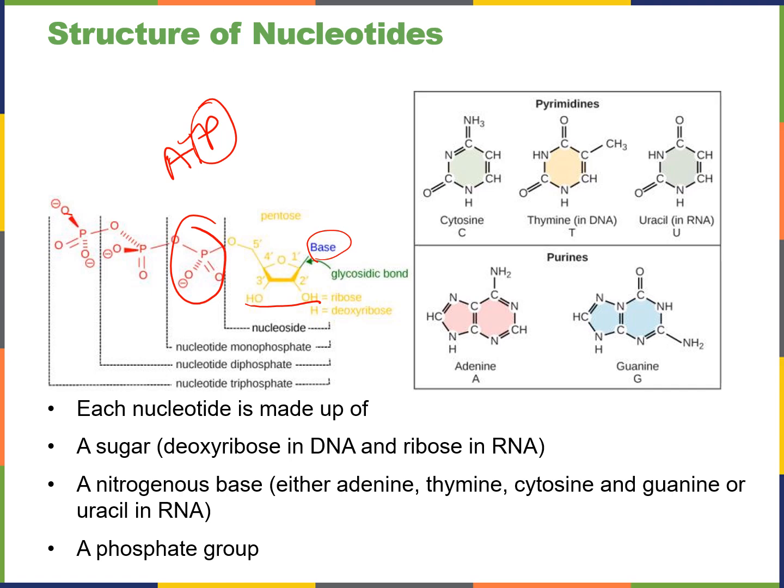The 4 bases are cytosine, thymine. This one is not in DNA, it's in RNA. We'll talk about that separately. Adenine and guanine. And they're usually referred to as A, G, C, and T. So those are the 4 bases of DNA that are attached to the sugar and kind of stick in the middle of the ladder.